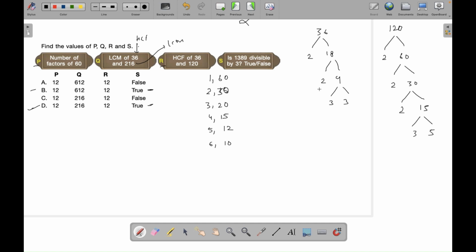Now, without even writing, we just have to see what is common. So this is common among both, this is common among both, and this is common among both. Right? This 3 is not common because it has only one occurrence of 3. So 2 times 2 times 3 is the HCF. So 3 2s are 6, 6 2s are 12. Right? So which is 12.